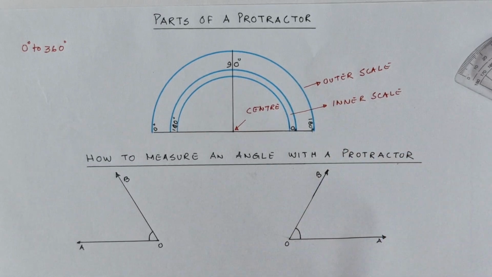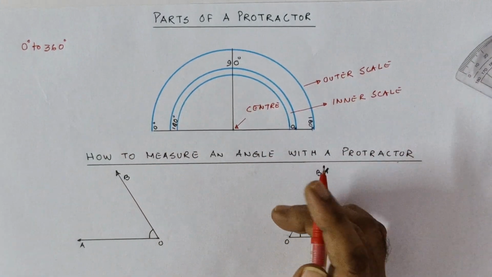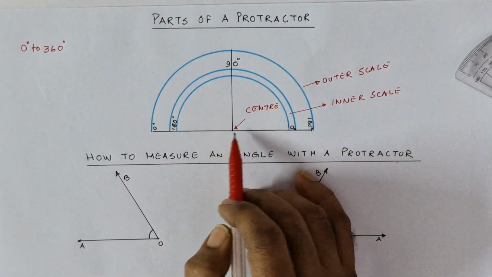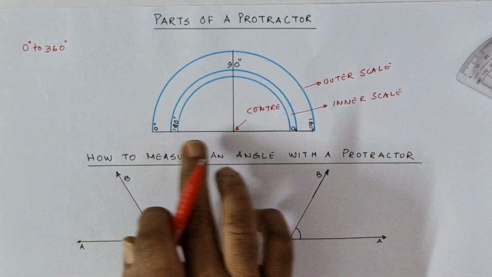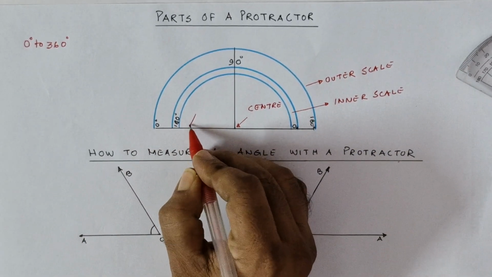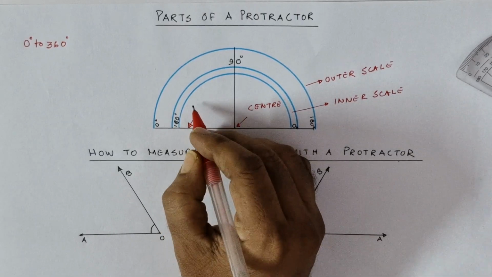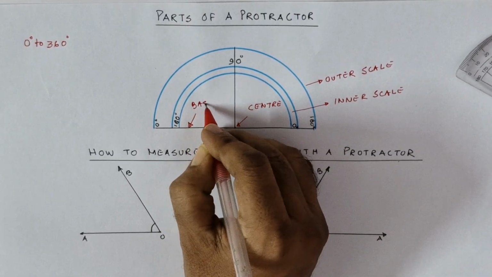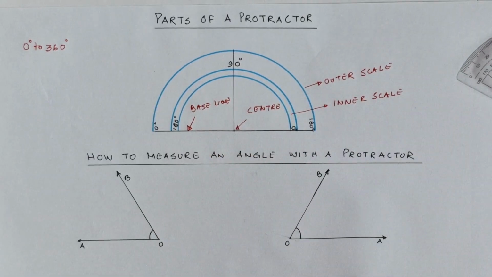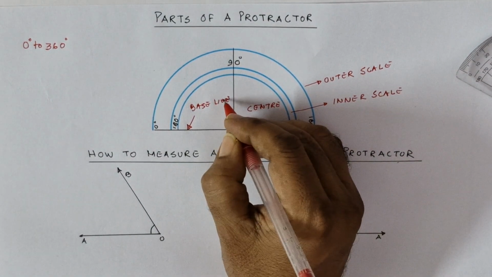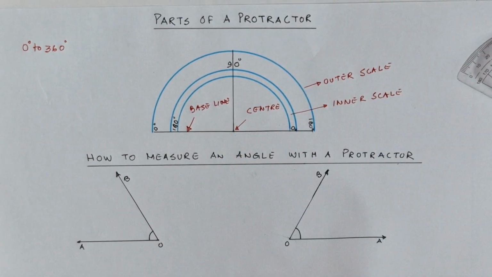I'm not writing protractor, obviously, it is evident. And this, the line joining the two zeros, is known as the baseline.